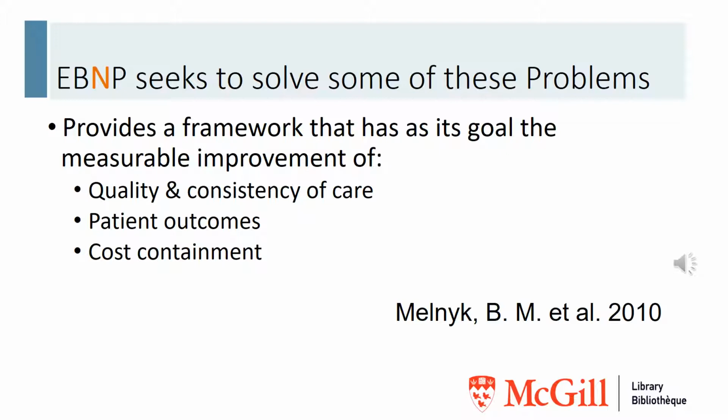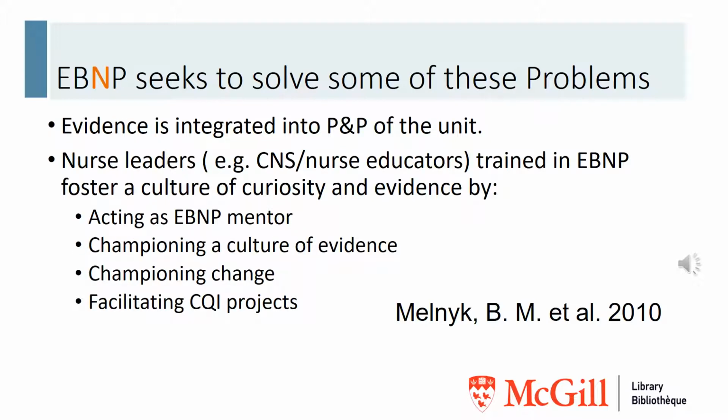This 7-step model provides a framework that has as its goal the measurable improvement of quality and consistency of care, patient outcomes, and cost containment. So the idea is that it's not just the individual clinicians that are looking at evidence and making decisions, but that the best evidence is actually integrated into the policy and procedure of each unit.